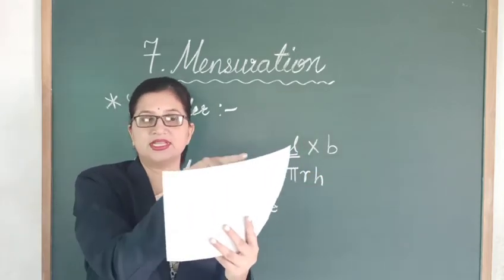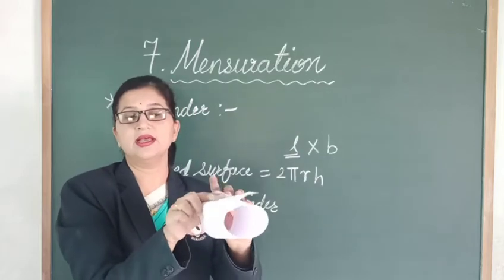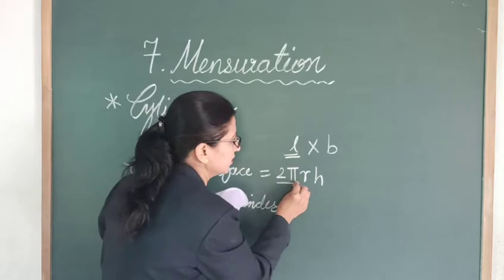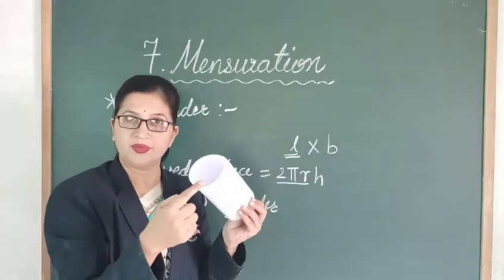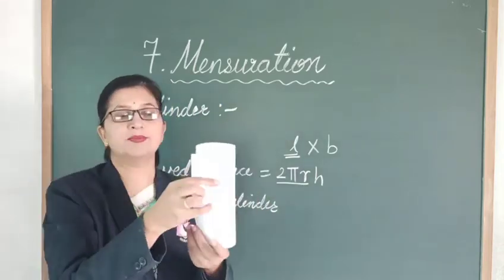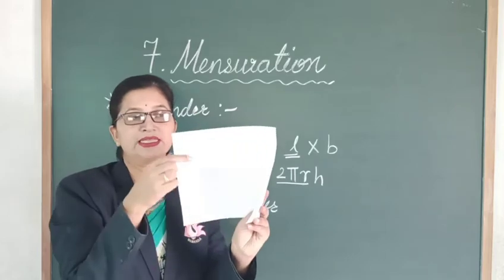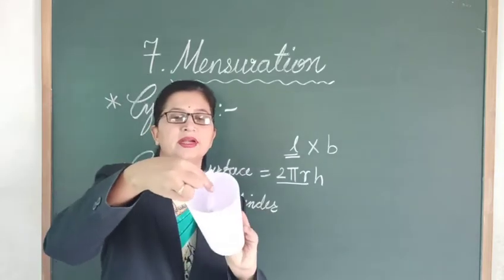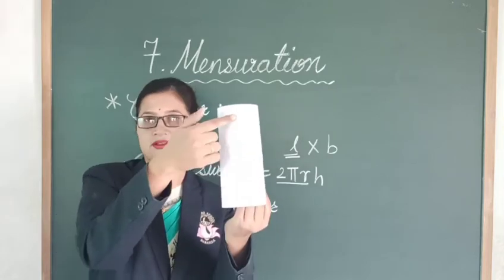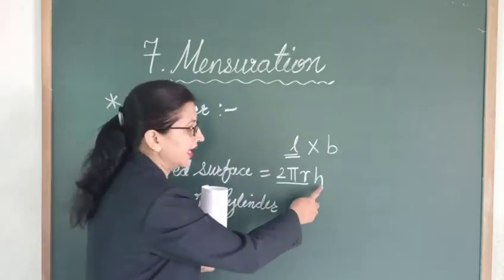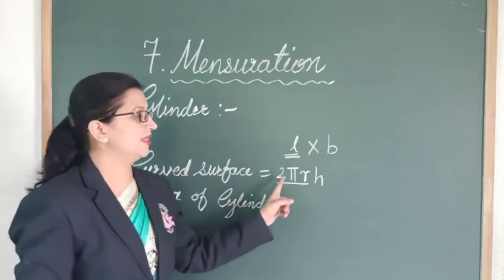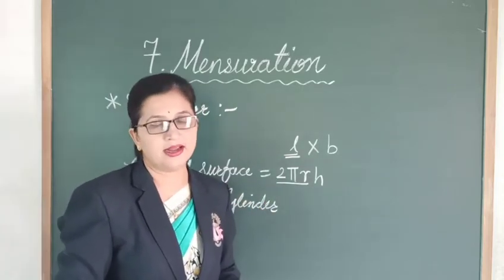The length is nothing but the circumference of a circle, that is 2 pi r, and this breadth is nothing but the height of the cylinder, that is h. So in this way curved surface area of cylinder is equal to 2 pi r h.